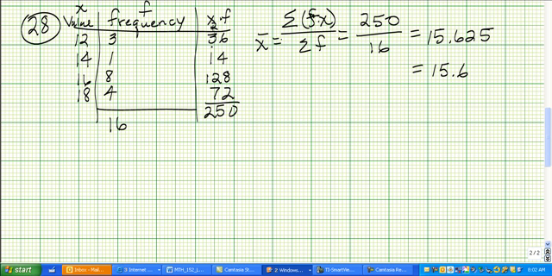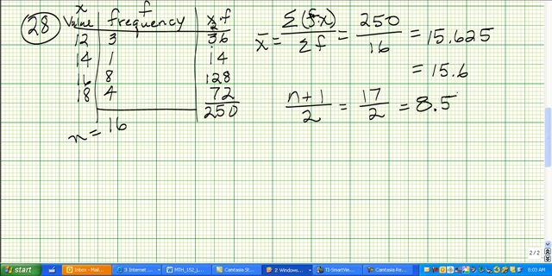Okay, we're to find the median. The median is the middle value. And remember, for a data set, we take n plus 1 and divide it by 2 to locate it. So how many values do we have? 16. N is the sum of the frequencies. So 16 plus 1 is 17, divided by 2, and that's going to be 8.5.